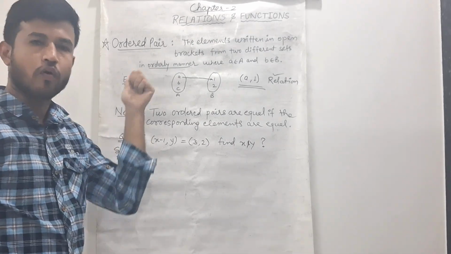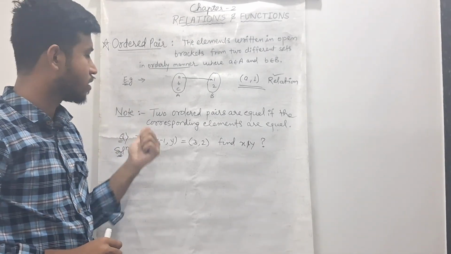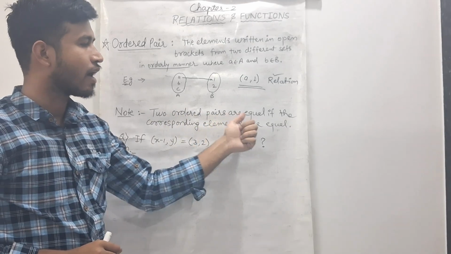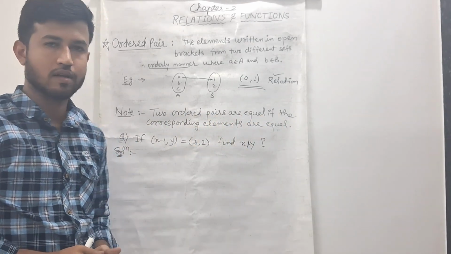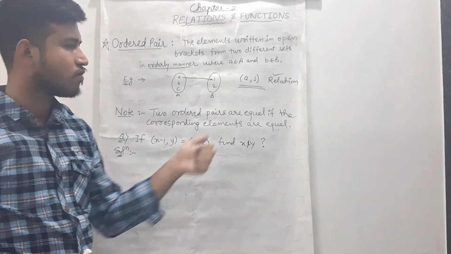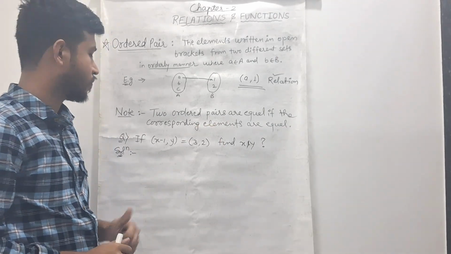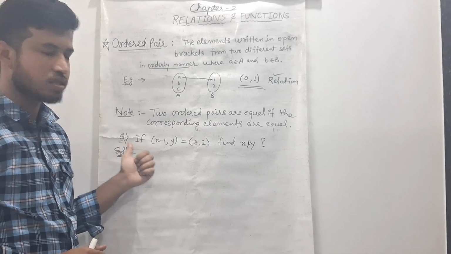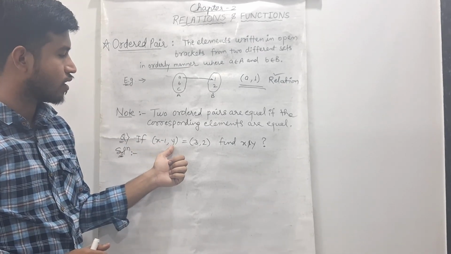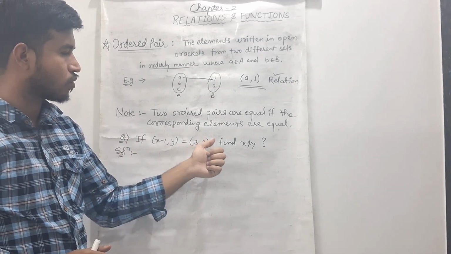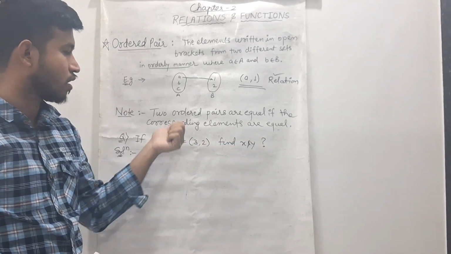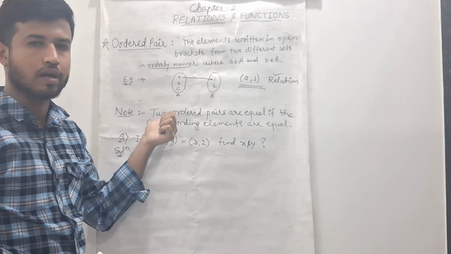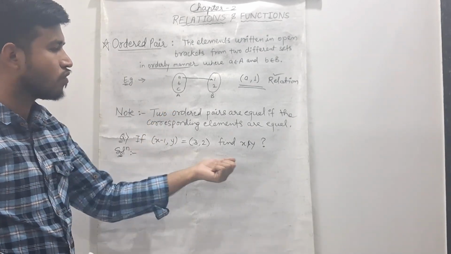Now, ordered pair has a property: two ordered pairs are equal if the corresponding elements are equal. What does it mean? We will understand this by an example. Here is a question: if (x minus 1, y) equals (3, 2), find the values of x and y.